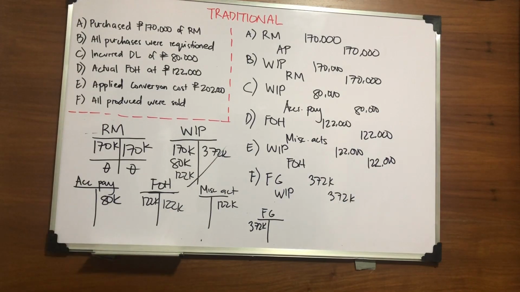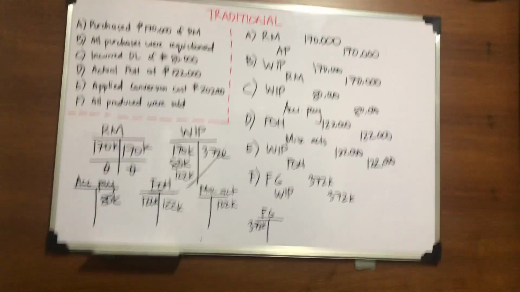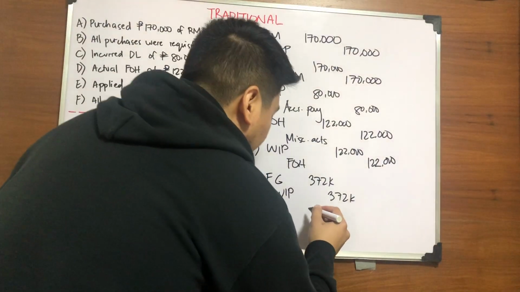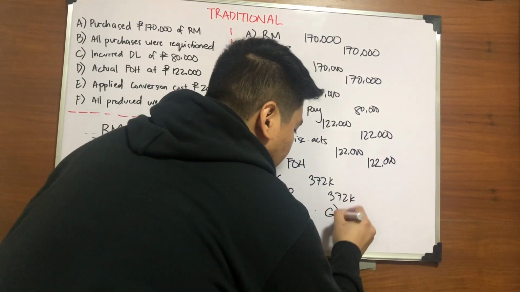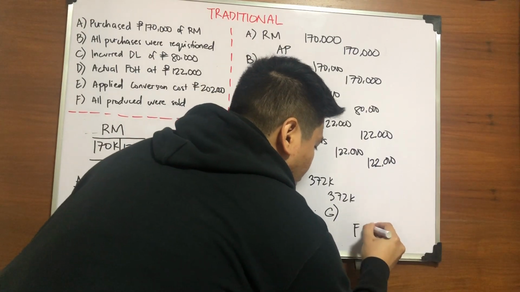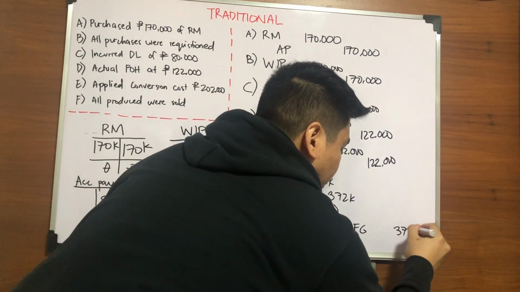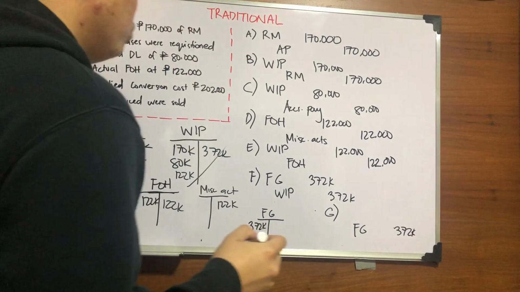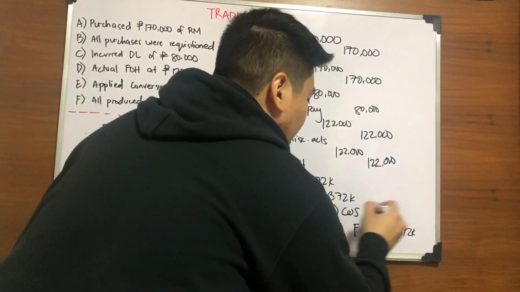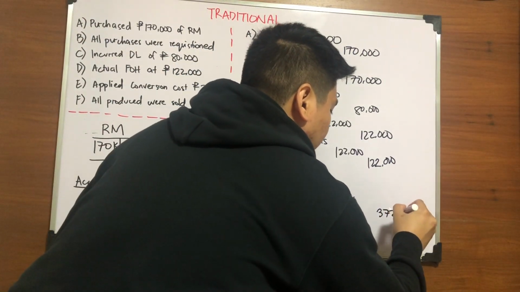So what we will do here again is to close out the finished goods inventory, the whole amount of 372, again because all produced were sold. Okay, so we will close out our FG worth 372K, and we will debit cost of sales amounting to 372K as well.